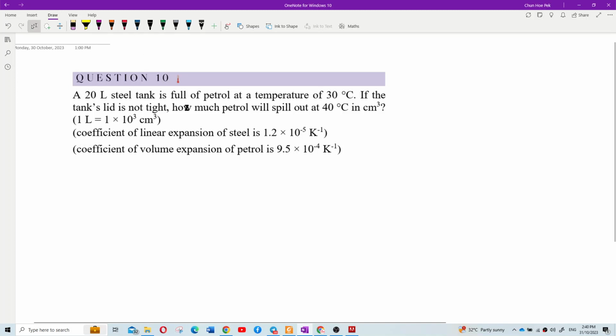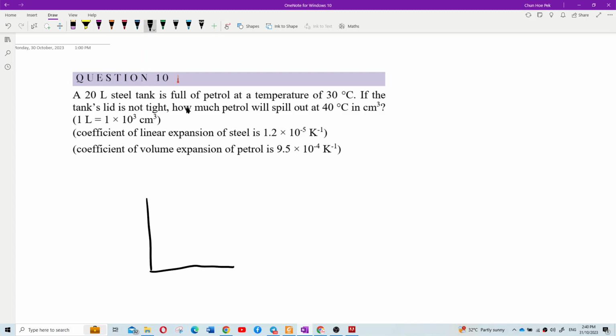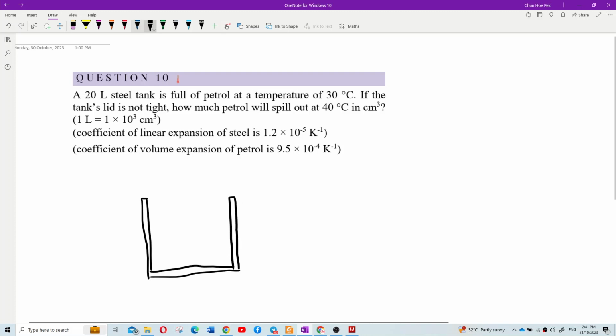Let me draw it out, to sort everything. So I have a steel tank. My drawing is okay lah, not perfect. So there's a petrol. Looks like water, not petrol, but never mind. You know, I know.